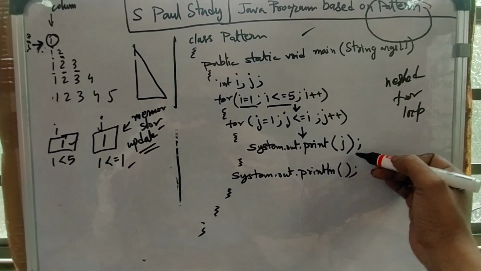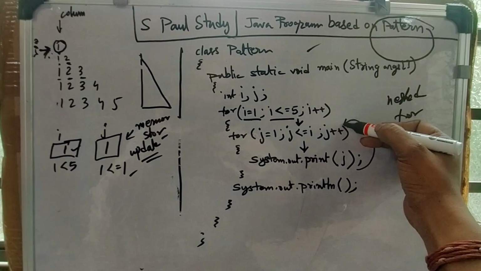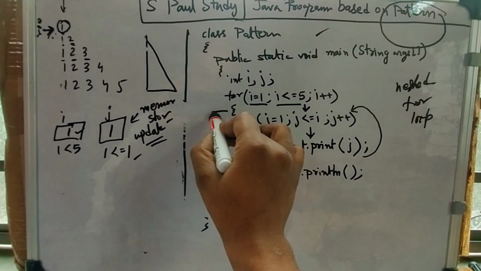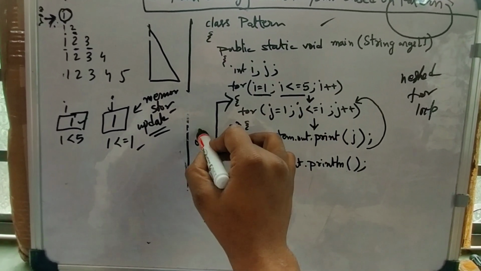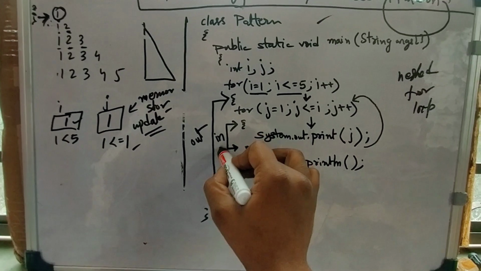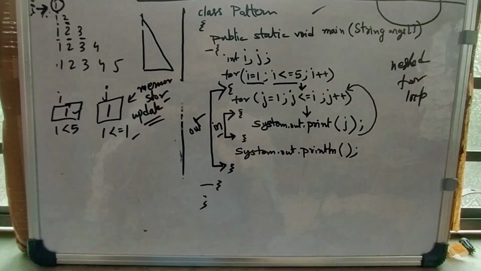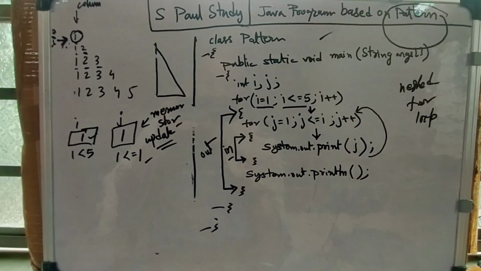Then it will go to the increment part because it is a loop. You can check the loops: this is the outer loop and this is the inner loop, and this is for the main function and this is for the class.